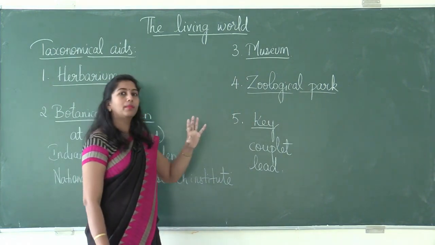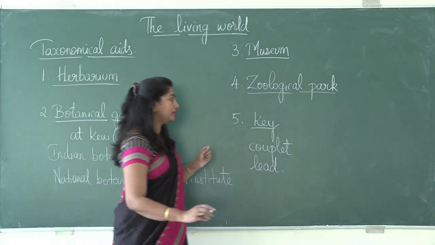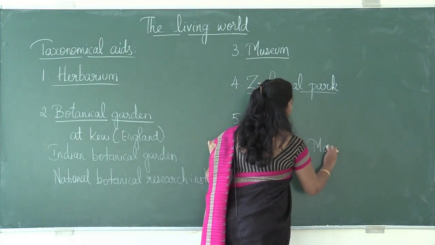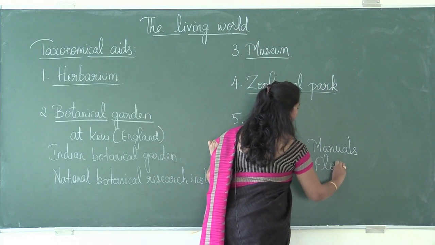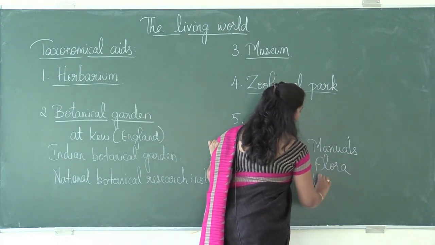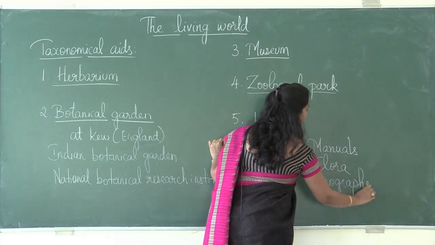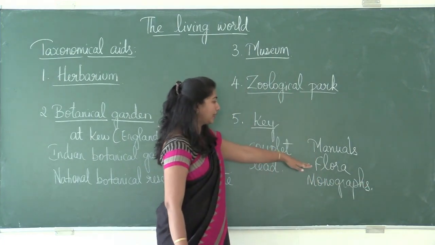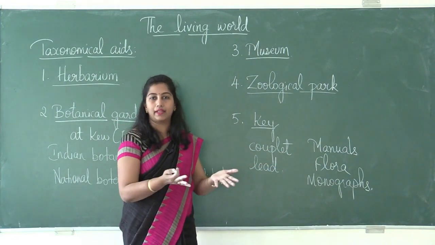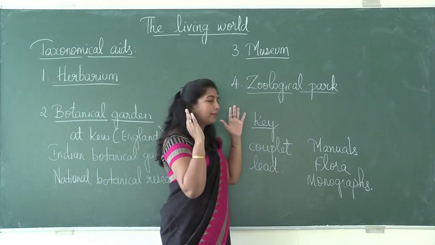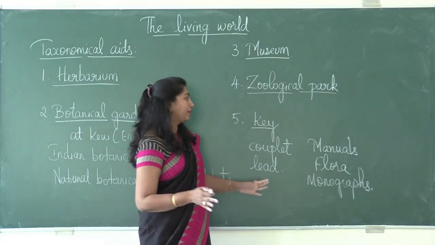Along with this, there are many other aids where we can store information, like manuals, flora, monographs. Flora will give us information about one particular area or habitat, the complete information of what types of plants are there in that area.